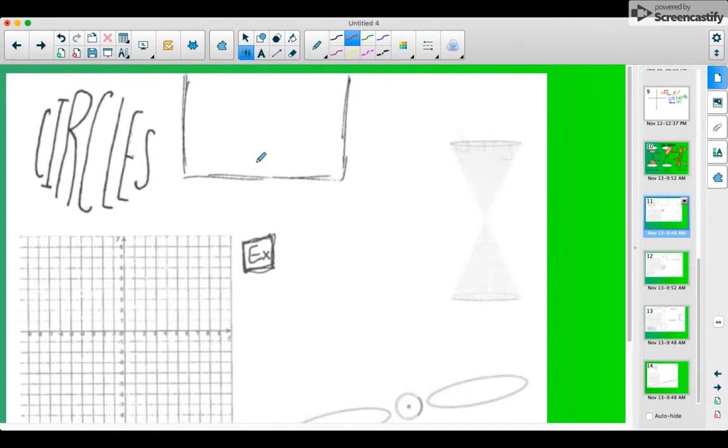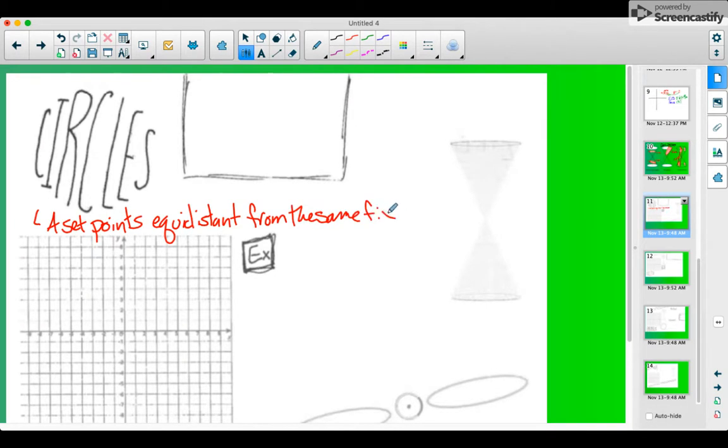Now, when we're talking about circles, you should already know kind of what they are. But in a circle, there's actually a very specific mathematical definition. A circle is a set of points that is equidistant from the same fixed point.